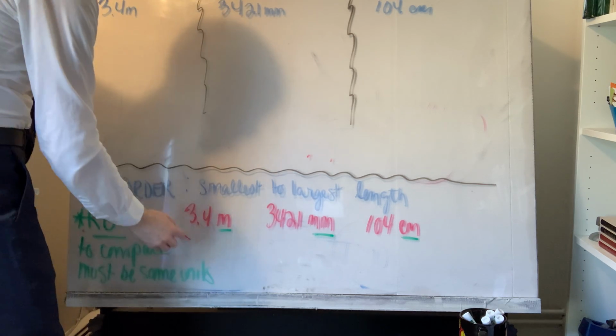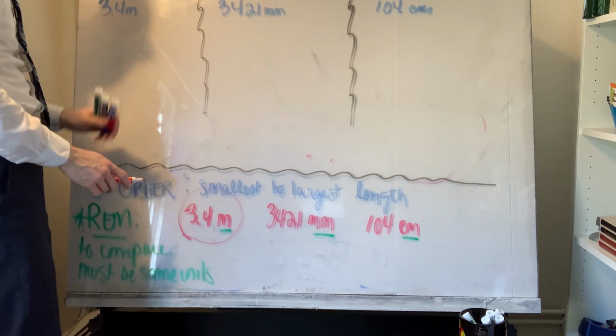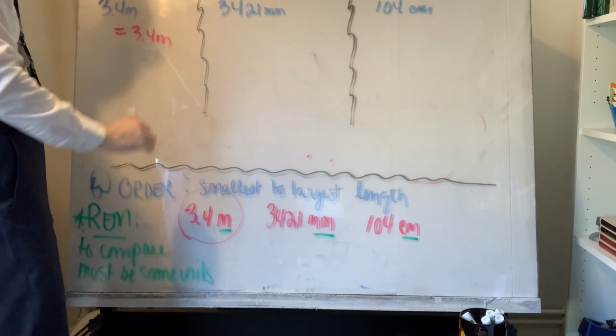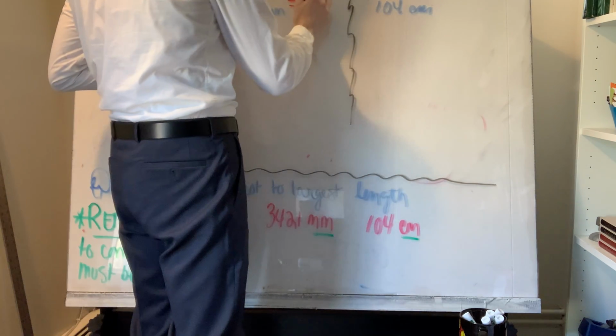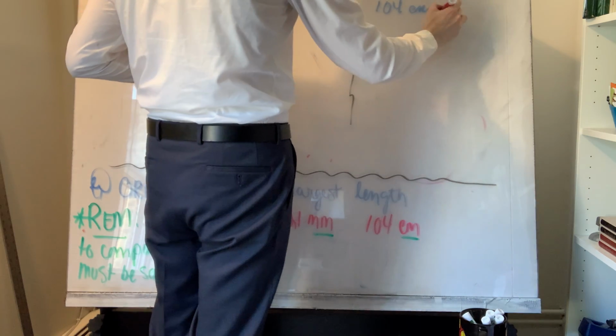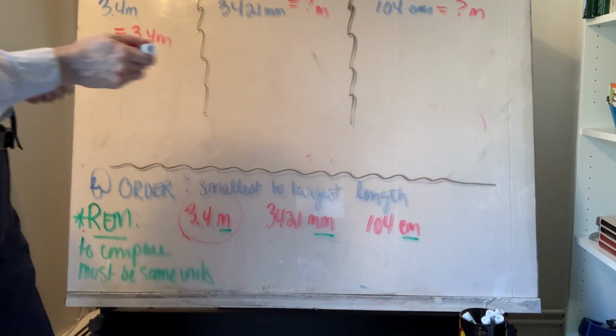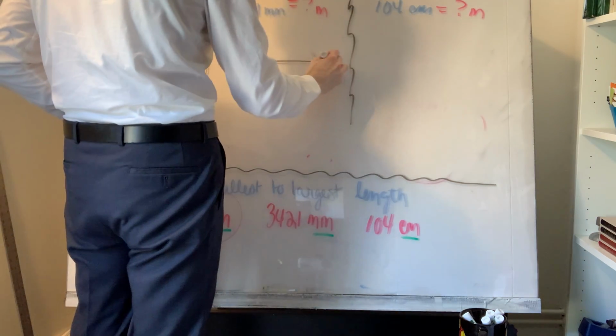That means that this one you don't have to touch, just leave it alone, right? That's 3.4 meters. How many meters would this be? In this instance, you're always going to get stuck doing 2.